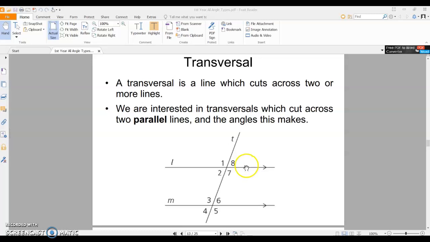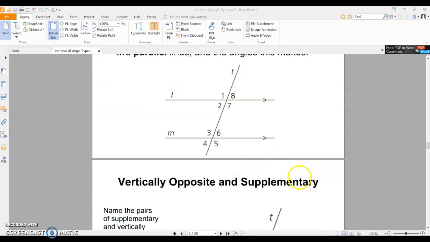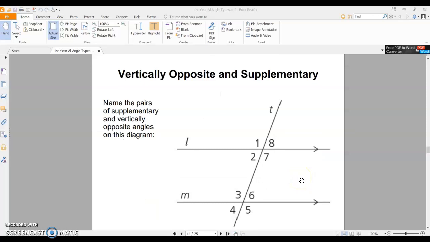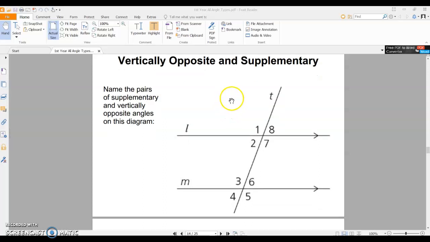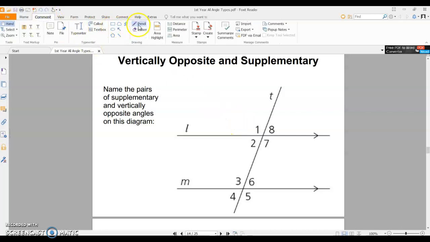There's quite a few different relationships that exist between the different angles, and that's what we're going to look at today. First, we're just going to go over what you know already, vertically opposite and supplementary angles, because there are some of those created when a transversal cuts across two parallel lines.